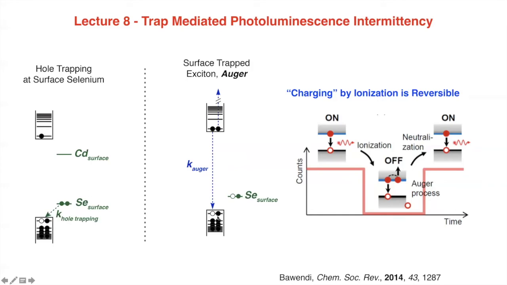And if you excite that crystal, you end up with this kind of a multi-exciton, where you have 2 electrons in the conduction band, 1 in the valence band, and then this hole sitting on a surface atom.